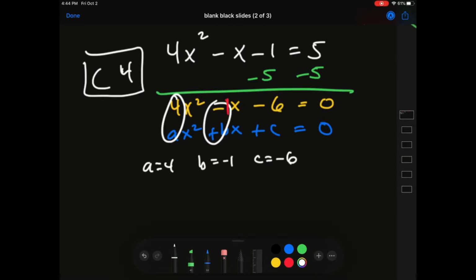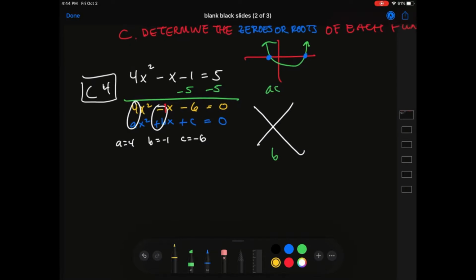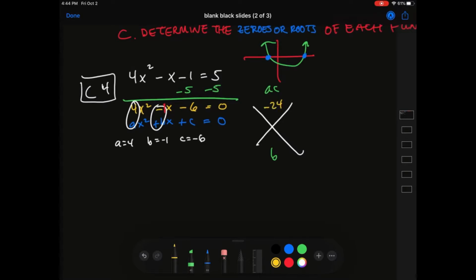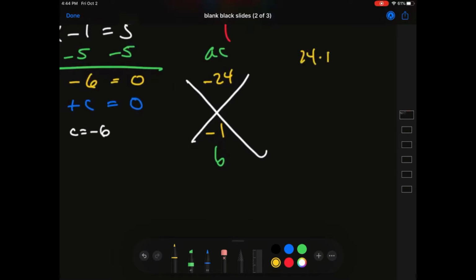Okay, let's go for the home run. Let's see if this is factorable. A times c and b value: I have negative 24 and I have negative 1. Let's list out all the factors: 24 and 1, 12 and 2, 6 and 4, and 8 and 3.